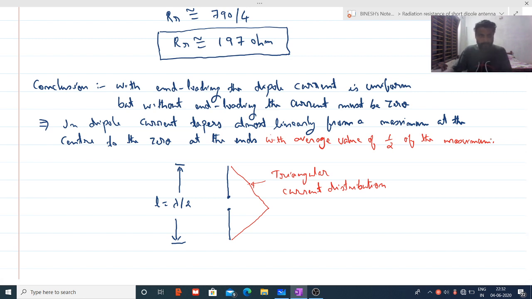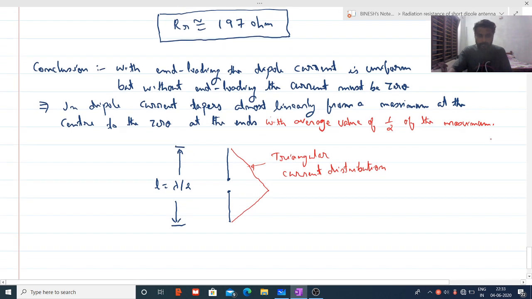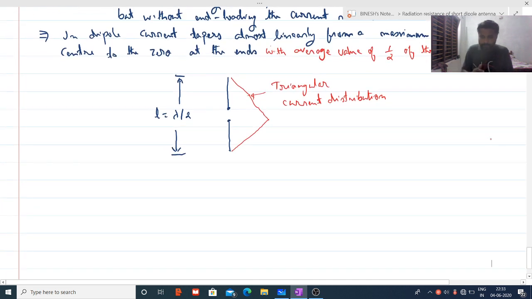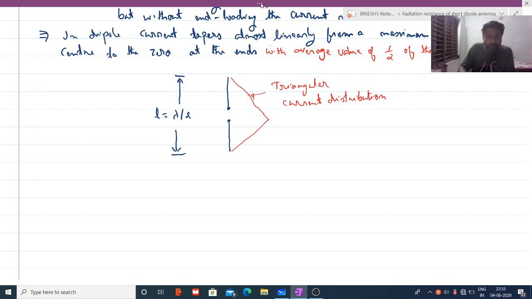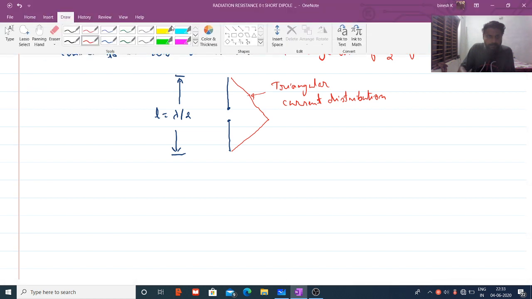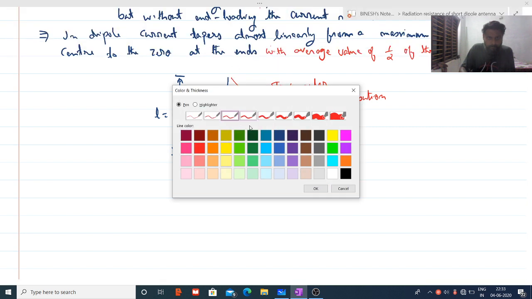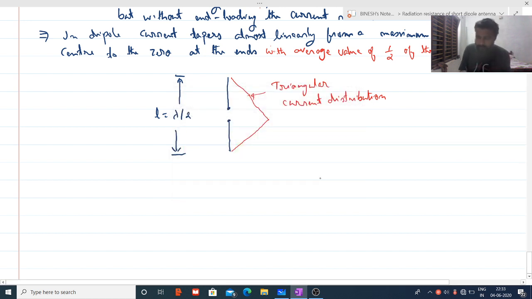Okay, so I will take the modified power radiated by the antenna. One minute, I will change the ink. So we have the power radiated, from our equation.